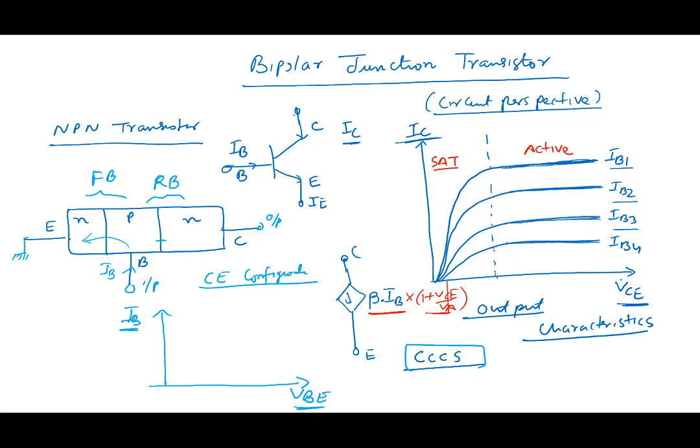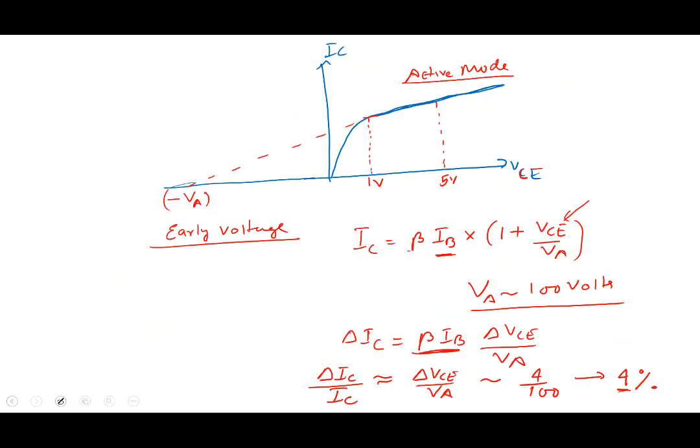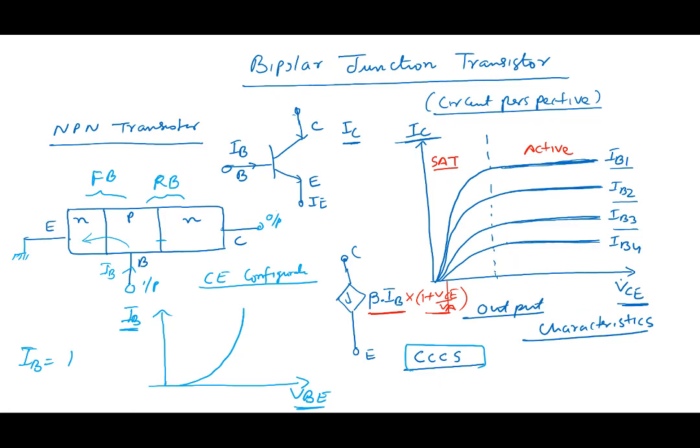So what you see here is a PN junction. IB versus VBE is nothing but diode characteristics, like a forward bias characteristic of a PN junction diode. So IB would be equal to some saturation current, let's say IBS, times e to the power VBE by VT minus 1, right?